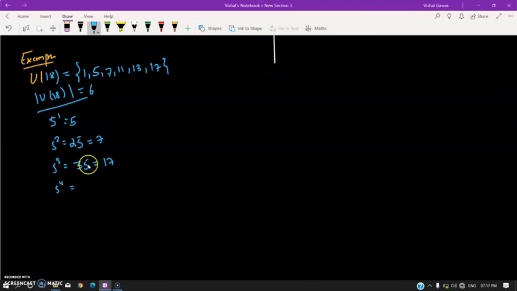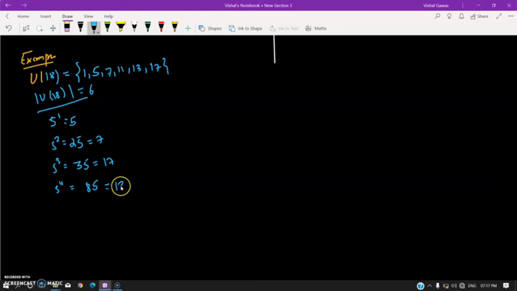So 5 power 4 would be 17 times 5, which gives 85. Modulo 18, this would be 13.